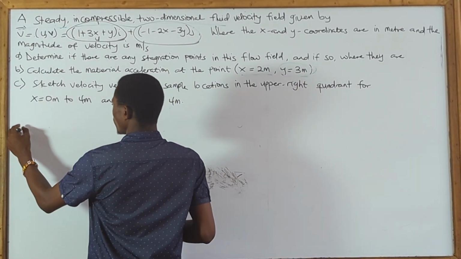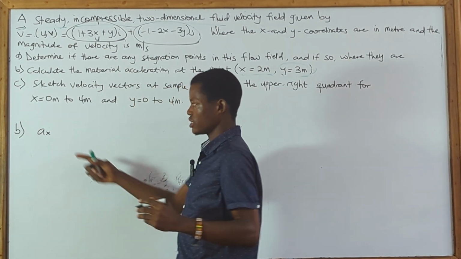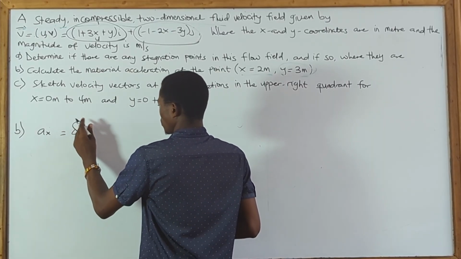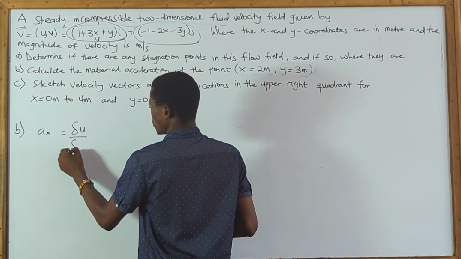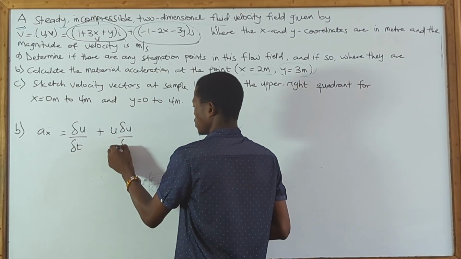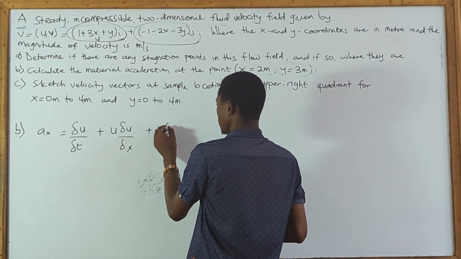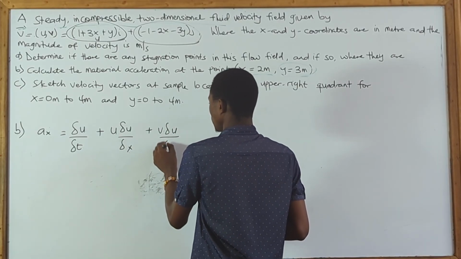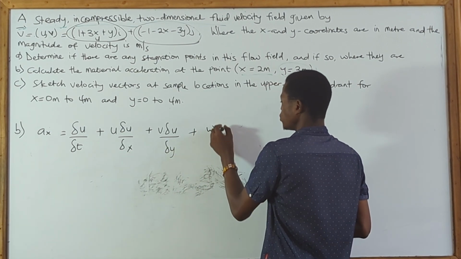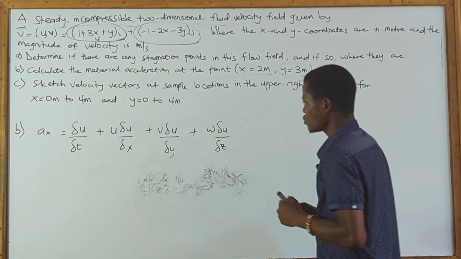For the b part, we know our material acceleration in the x direction is going to be equal to ∂u/∂t plus u ∂u/∂x plus v ∂u/∂y plus w ∂u/∂z.